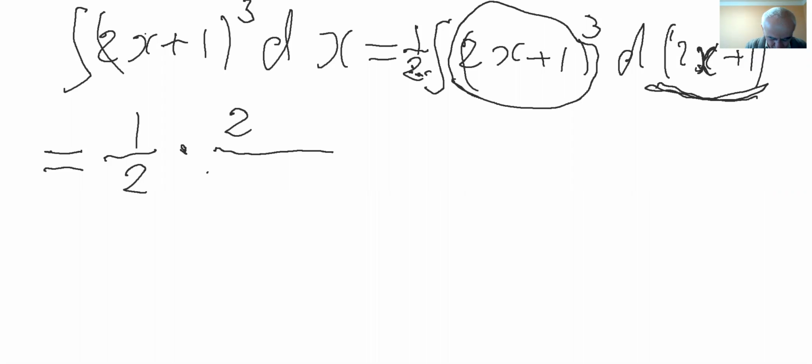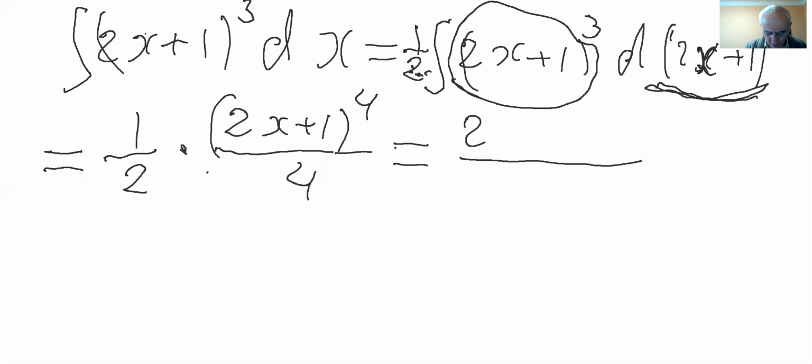It's going to be (2x plus 1) to power 4 divided by 4, which equals (2x plus 1) to the 4 divided by 8. This is the shortest way, but you can use the previous way, whichever is more convenient for you.